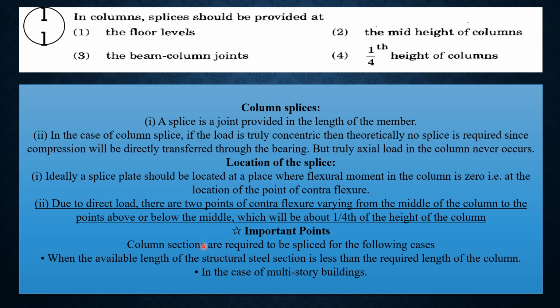Column splices are required in the following cases: when the available length of structural steel section is less than the required length of column, and in the case of a multi-story building, where we provide column splices at 1/4 of the height of the column.